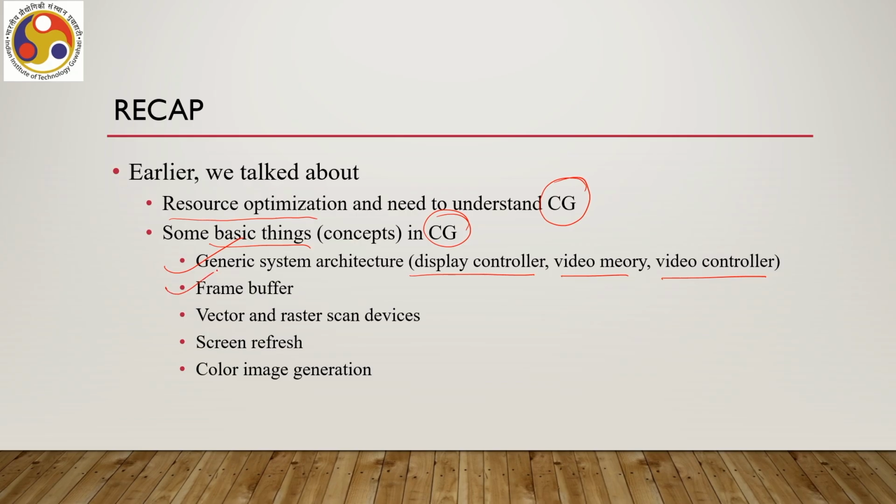Then we talked about frame buffer, vector and raster scan devices, idea of screen refreshing and color image generation. So, these are very basic concepts and terminologies that we shall be referring to in our subsequent discussions.